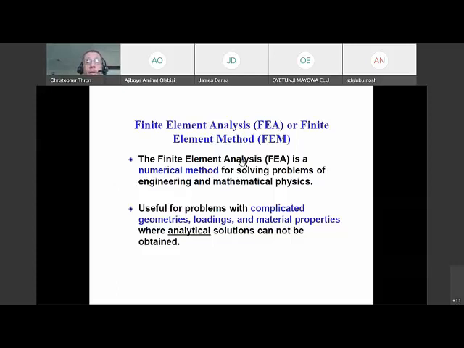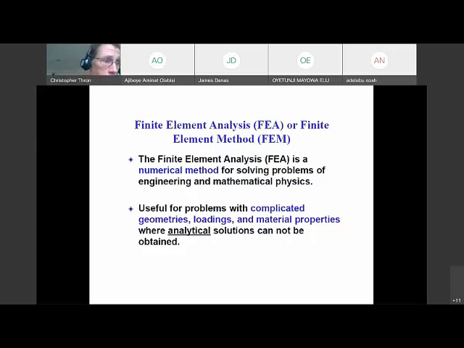Finite element analysis is a numerical method for solving problems of engineering and mathematical physics. It's useful for problems with complicated geometries, loadings and material properties. As I said, the shape is very difficult. So it's often used for things that are under stress, but not only.